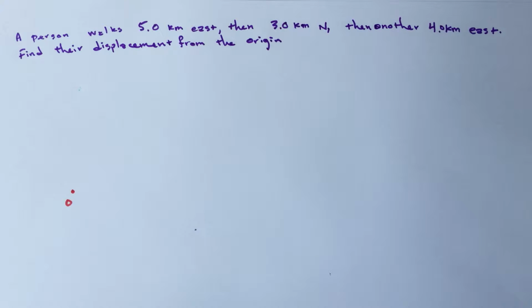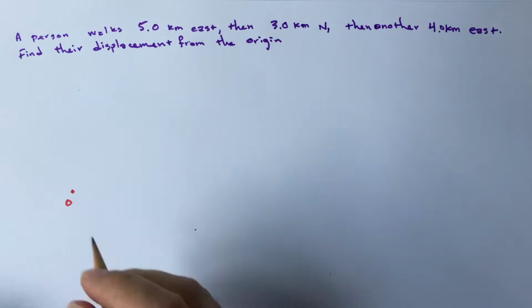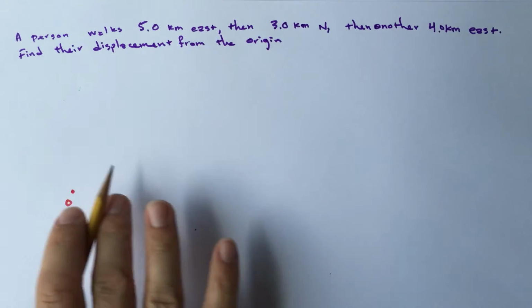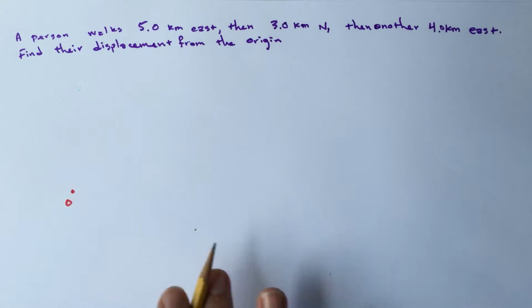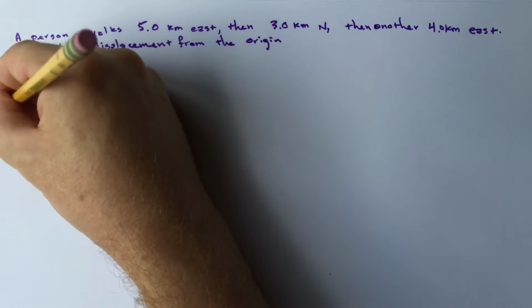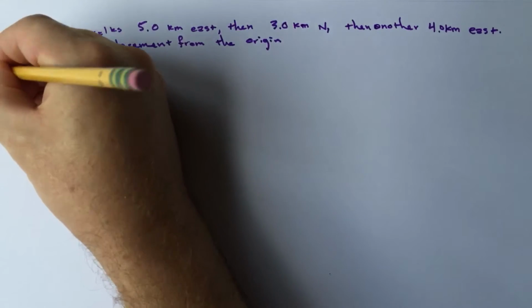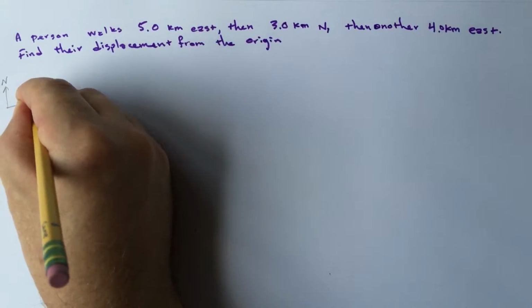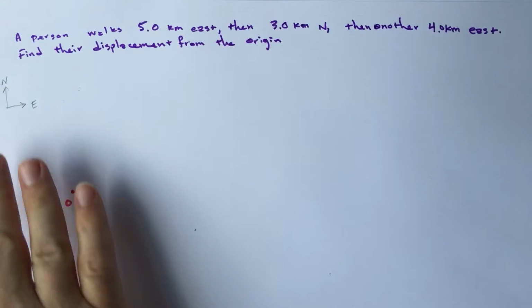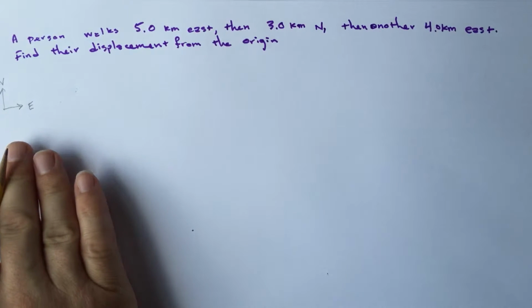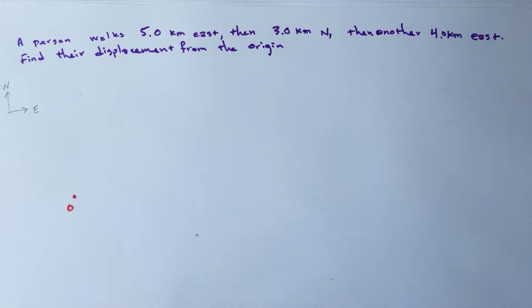The first one is we have to set up some kind of a coordinate system. So we need to define which way we're going to represent as east or north. It's a standard coordinate system on maps that straight up is north, and that would make this direction here east. This is our own decision that we would like to use this coordinate system.